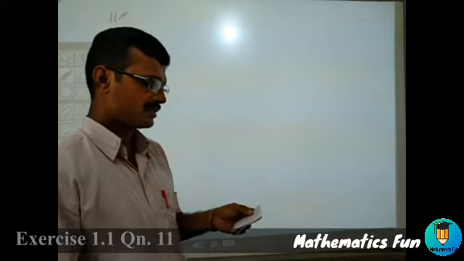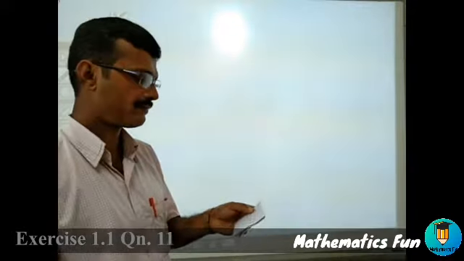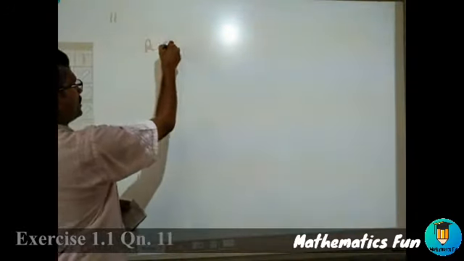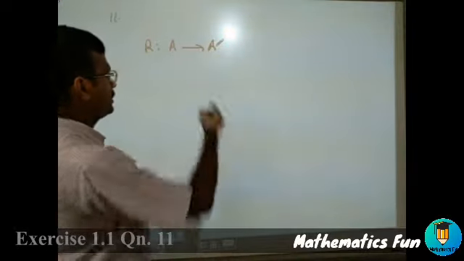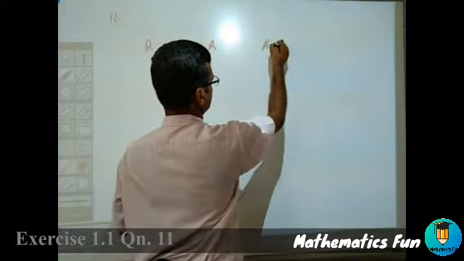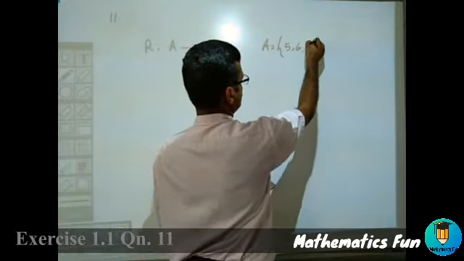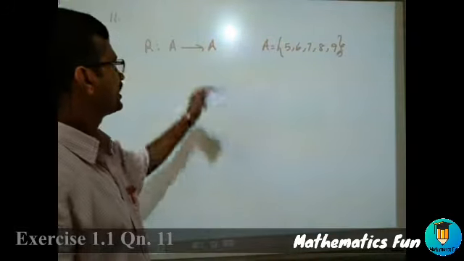Here the question is: prove that the relation R in the set A is given by, the relation R is defined from A to A, and it is given A equals {5, 6, 7, 8, 9}. These are the elements of the set.